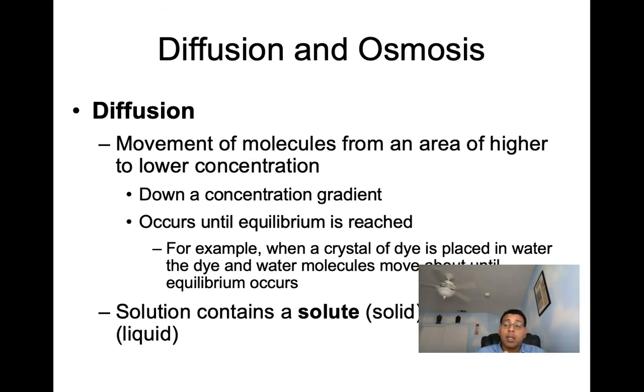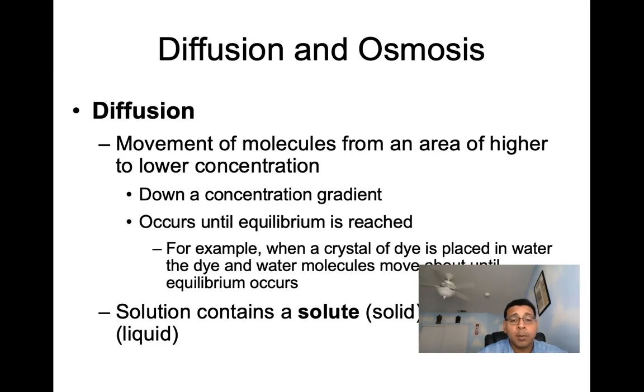Then they're going to diffuse to an area where they're in lower concentration, which is inside of that room. As they diffuse across the room, they make their way to your nose, and you're going to smell it. So it's a movement of molecules from an area of higher concentration to an area of lower concentration. That's just one example I'm giving you there.